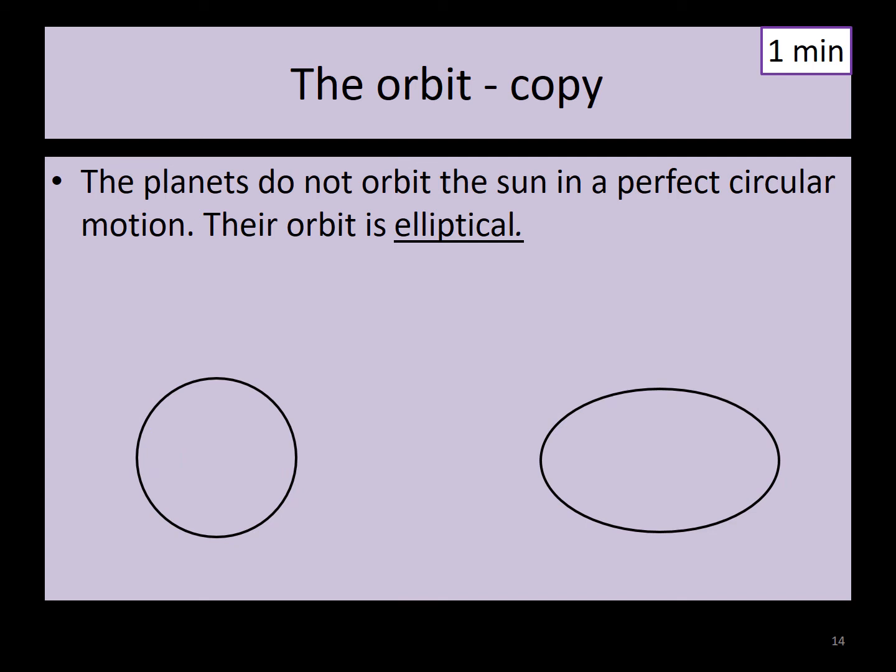And then the orbit itself. So the planets do not orbit the Sun in a perfect circular motion. Their orbit is elliptical. So if you remember at the beginning, we said we were going to go through what the word elliptical meant. So if this is the Sun in the middle, and here's the Earth, this is not the path that the Earth would take when it orbits the Sun.